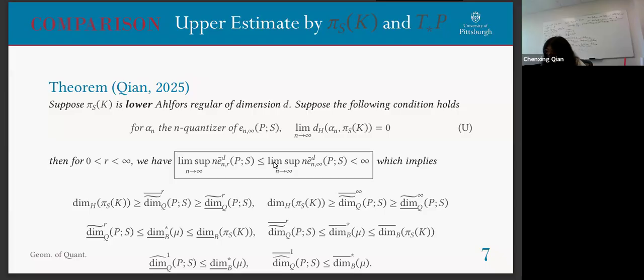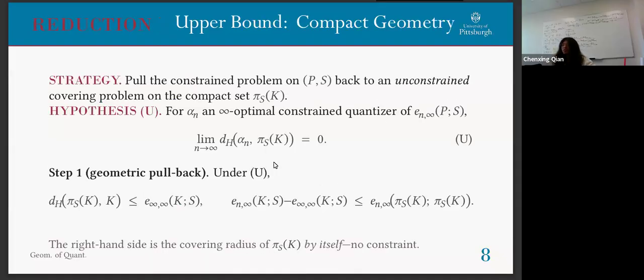So let's look at the next slide here. The strategy here is that the constrained quantization problem can be pulled back as an unconstrained covering problem on a compact set, if we suppose the hypothesis U here is correct.